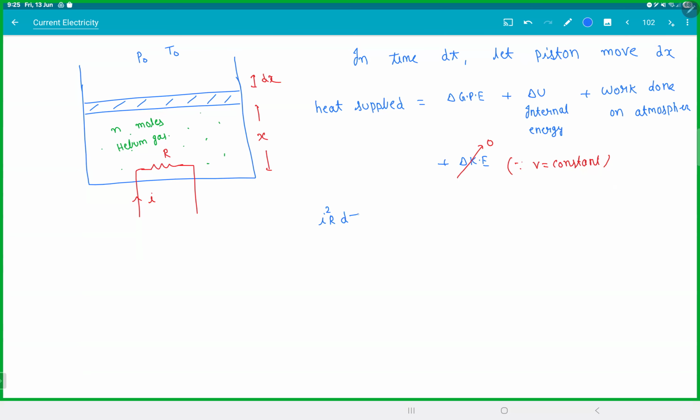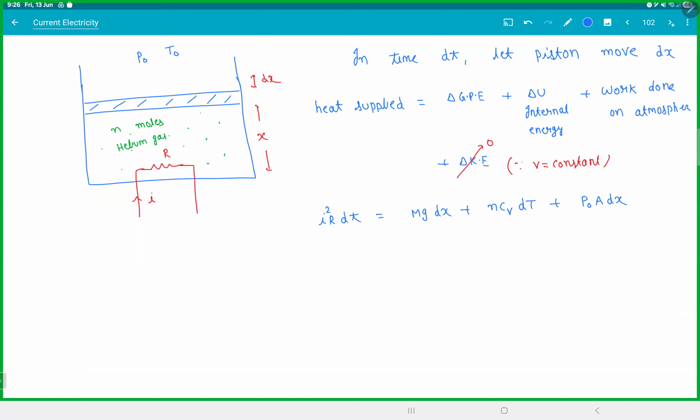So at this point, current electricity is over. What is the change in potential energy? mg dx, because it went up by a height dx. What is the change in internal energy? n Cv dT, where dT is the change in temperature of the gas. What is the work done on the atmosphere? P naught into area into dx, pressure into change in volume.